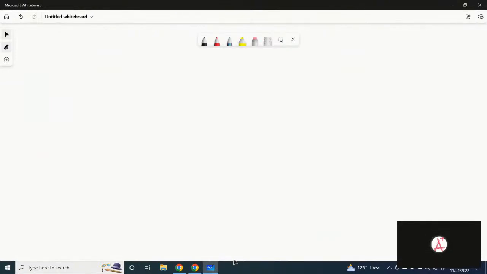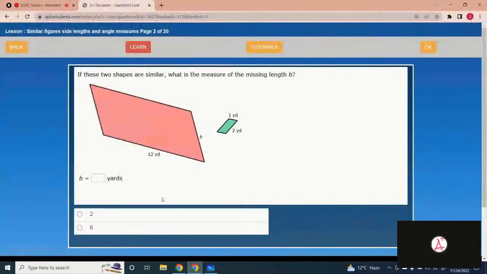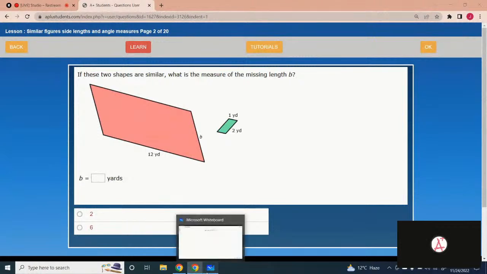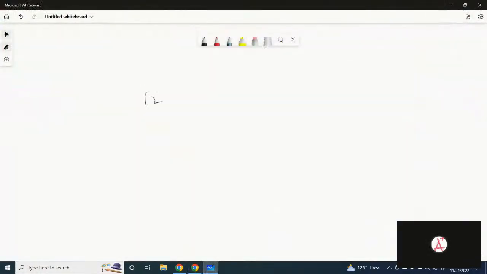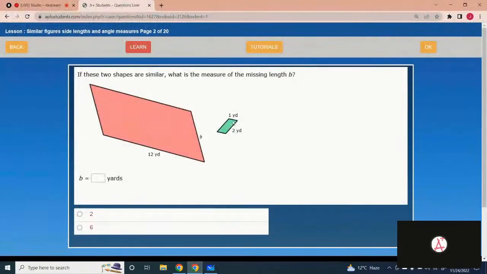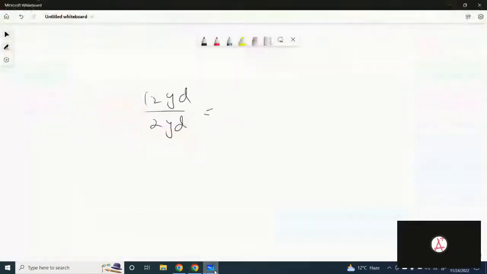It would be 12 yards and 2 yards, 12 divided by 2. And then the proportion for the other side is b divided by 1 yard.